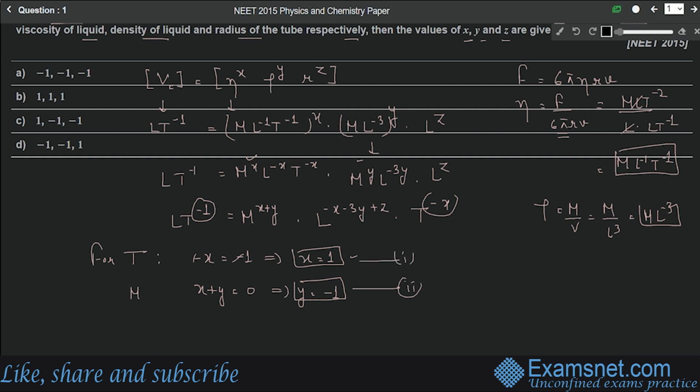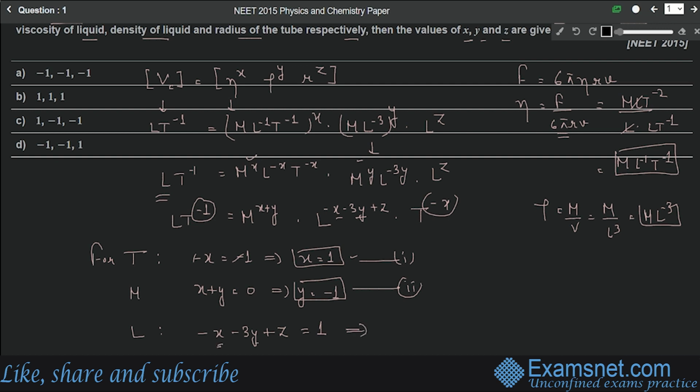Now we have to find z. Now for L, the power on L on the left hand side is 1. On the right hand side, it is minus x minus 3y plus z. So minus x minus 3y plus z. It is plus z, okay? Equals to, on the left hand side we have 1. So the value of x we have seen it is 1.